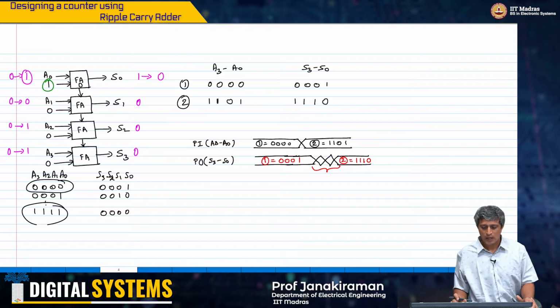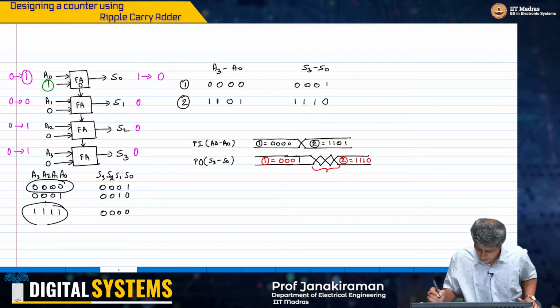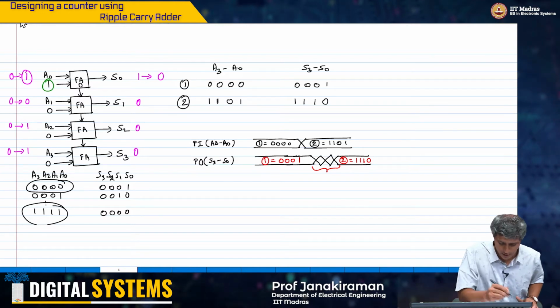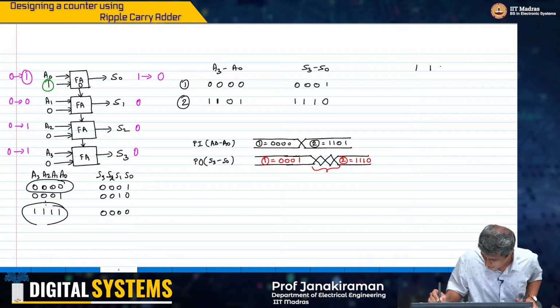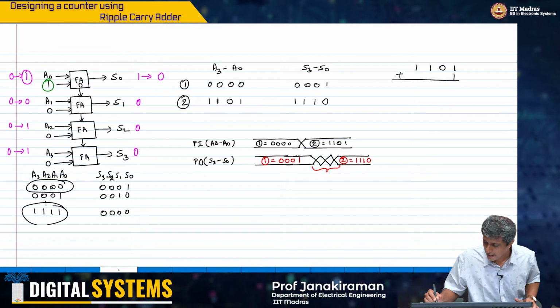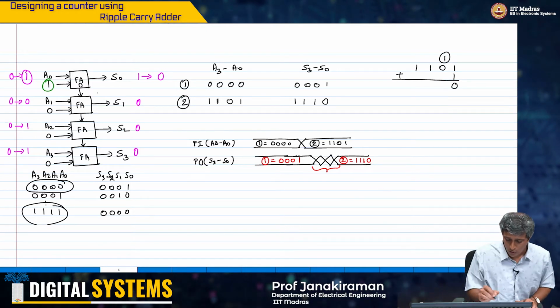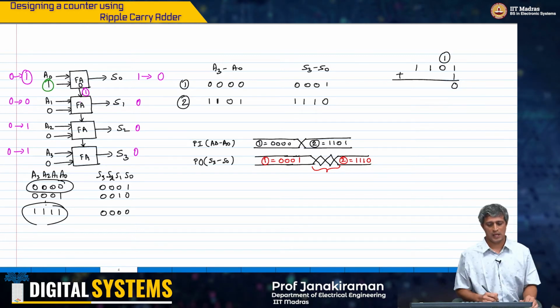But now what have I done? Let me do the addition here and show you: 1 1 0 1 plus 1, I add, I get 0, I get a carry here. So the carry now gets generated here.